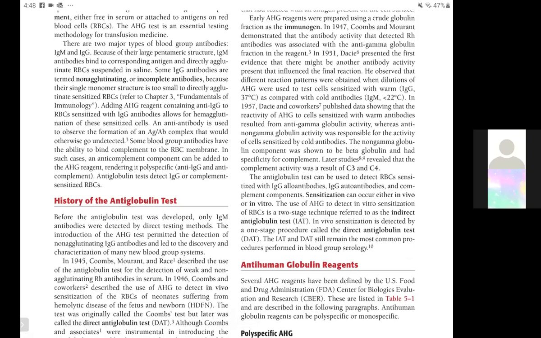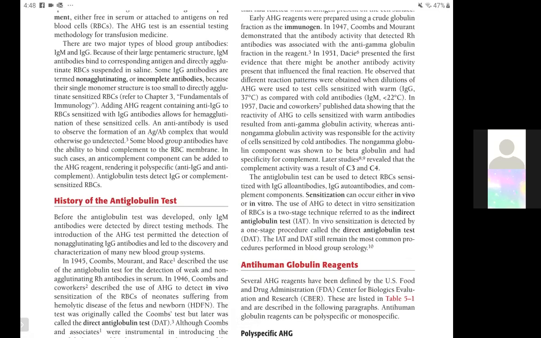The activity of AHG against cells sensitized with warm antibodies resulted from the anti-gamma globulin activity, whereas non-gamma globulin activity was responsible for the activity against cells sensitized by cold antibodies.